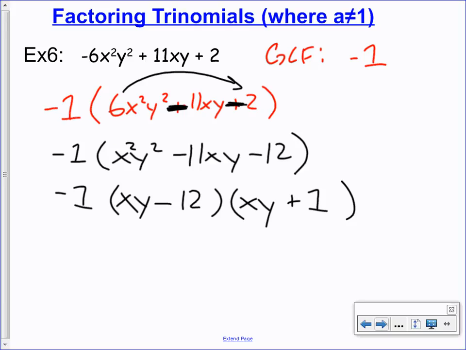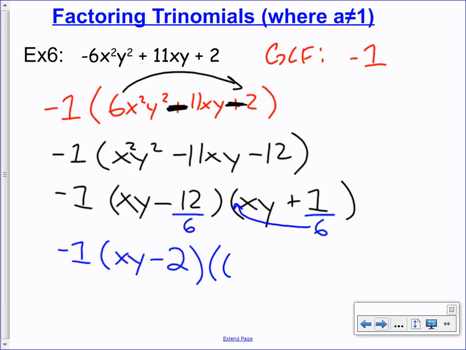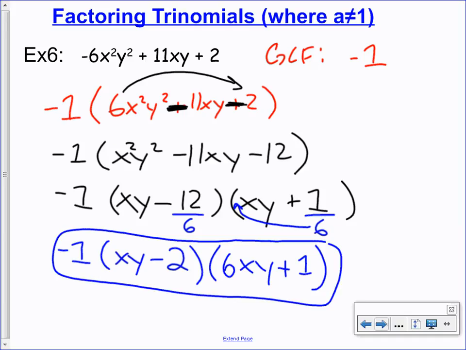Slip and slide. Very good. Slide that 6 back out. So it's 6xy plus 1.